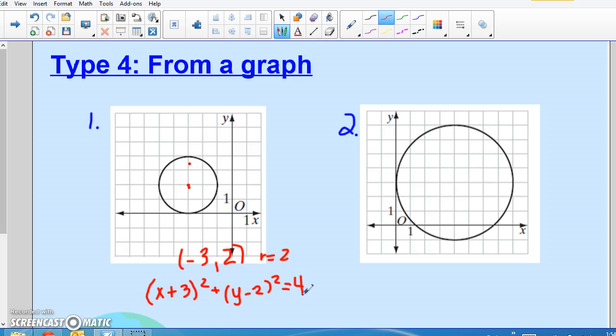And that would be the equation of the circle found from a graph. So I want you guys to try number 2 as well. Again, pause if you need more time to copy anything, especially the graphs. Okay, and then we'll go over the answer to number 2 in class on Monday as well.